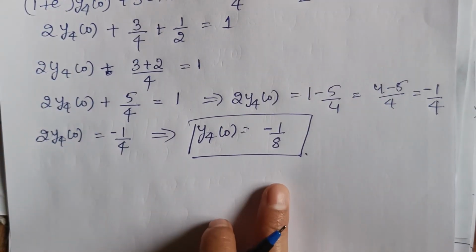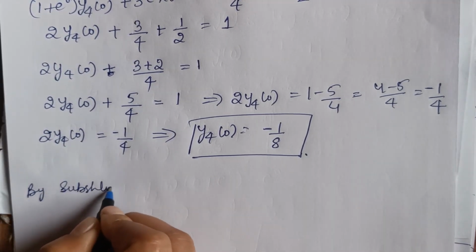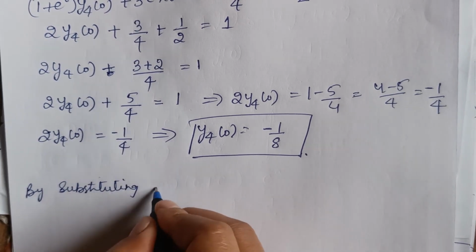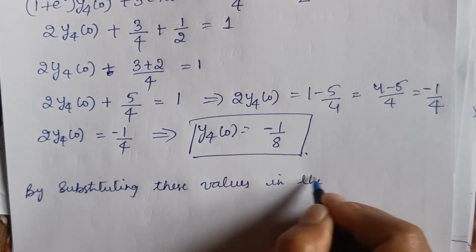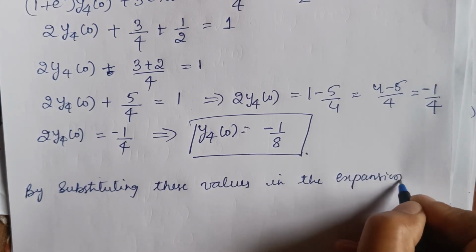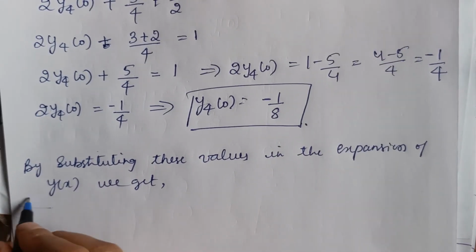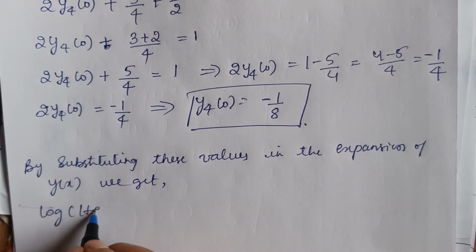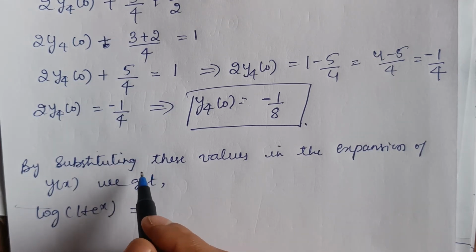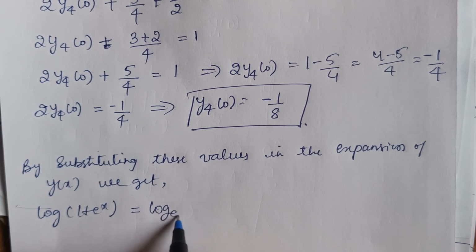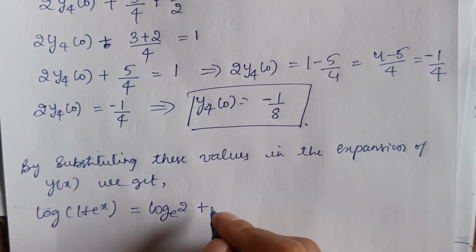This is done. Now, by substituting these values in the expansion of y of x, we get, what is y of x? Log of 1 plus e power x equal to y of 0. What is y of 0? Y of 0, if you remember, it is log to the base e of 2 plus, what is x? Y1 of 0.